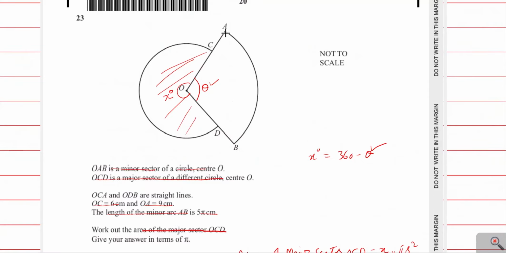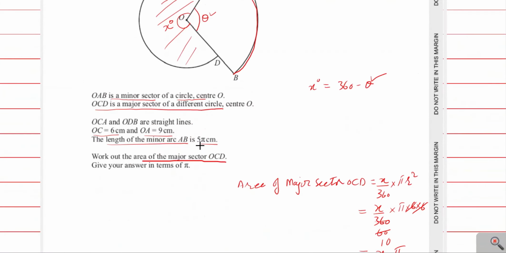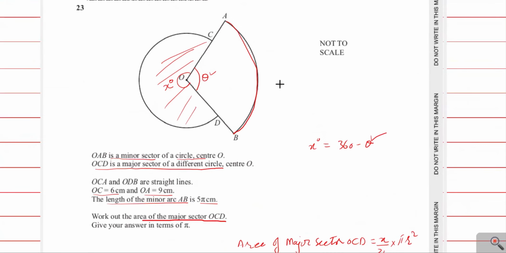Look here, this is the arc AB. This arc AB length here is 5 pi. And we use the formula arc length equals theta over 360 multiplied by 2 pi r. R is the length OA.